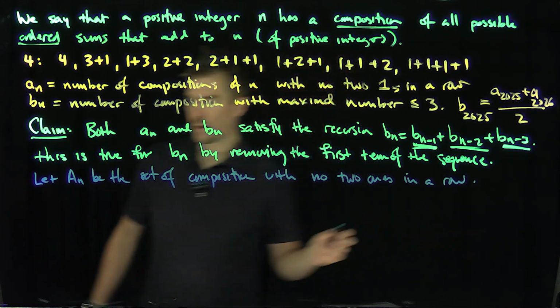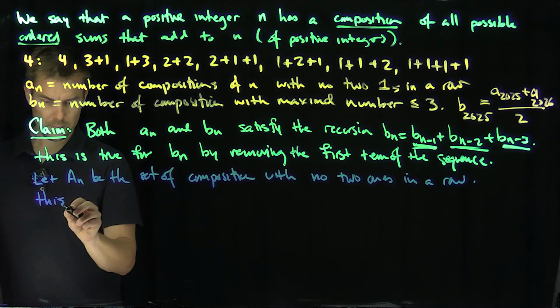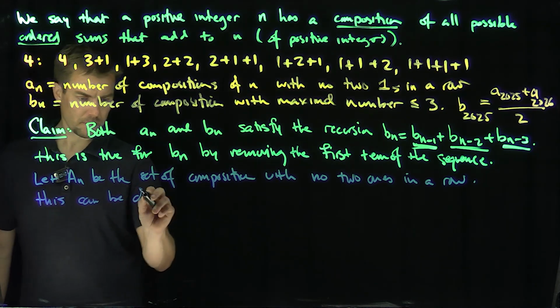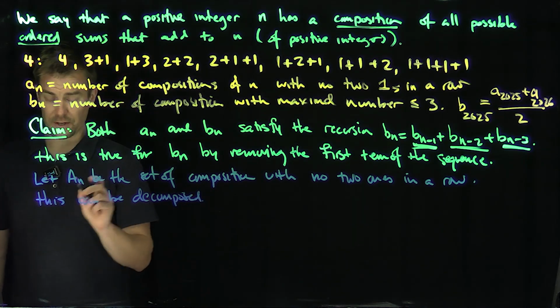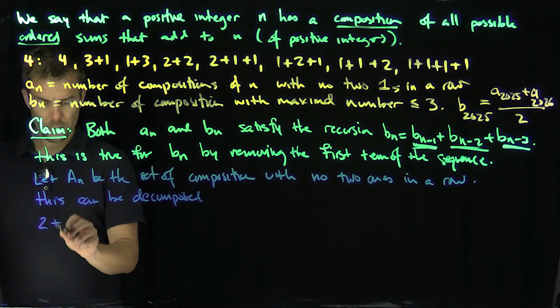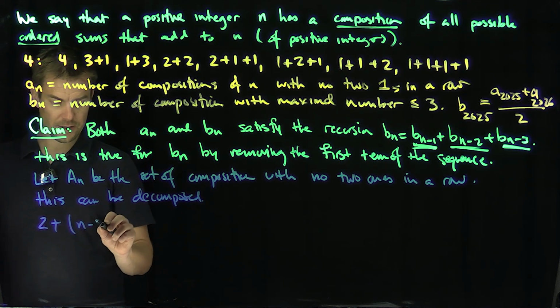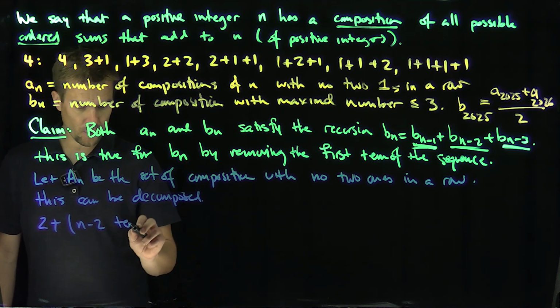Then of course, how can you decompose a_n? This can be decomposed in the following way. You can have a 2 and then a 2 plus a series of n minus 2 terms with no double ones.